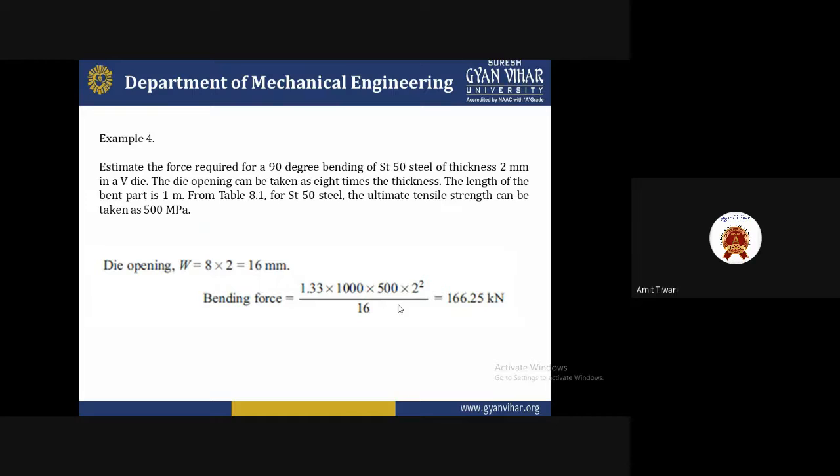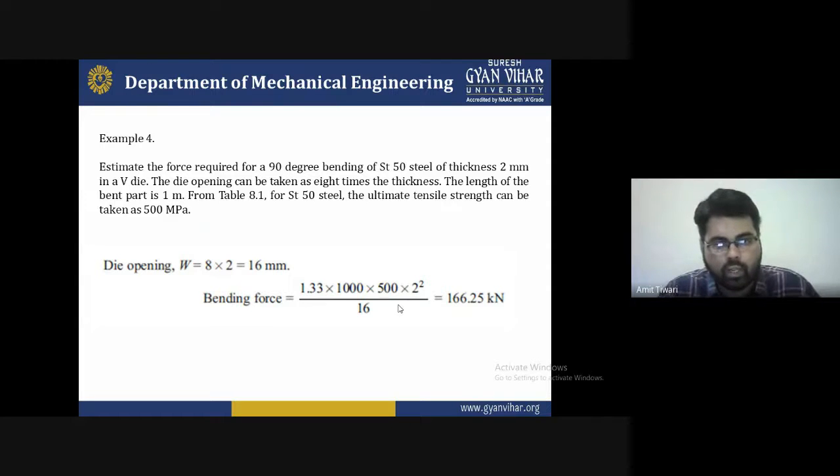So first of all, we calculate the die opening: W is equal to 8 into 2, that is 16 mm. The 8 is the multiple and the 2 is the thickness. After that we can find the bending force, that is 1.33 into 1000 into 500 into 2 squared, divided by 16.